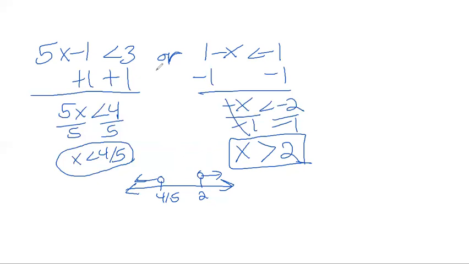Now, since it's an "or" statement, they're not inclusive. So whatever values I choose to plug in, say if I pick an x value less than 4/5 or an x value greater than 2, it only has to satisfy one of them, and that's it. So then, really, this is just x less than 4/5 or x greater than 2.